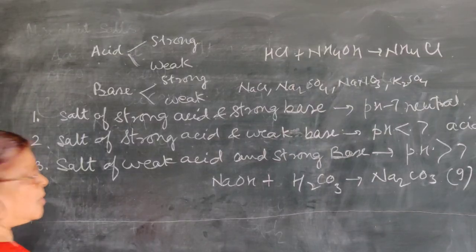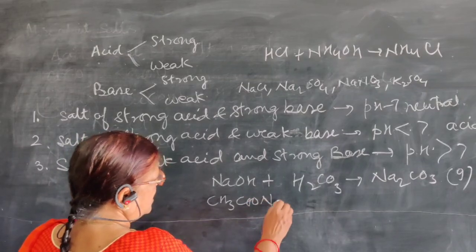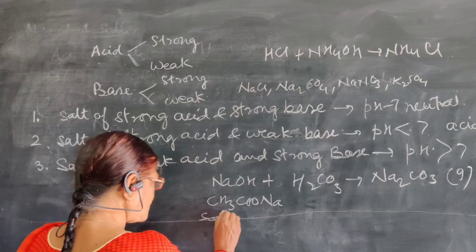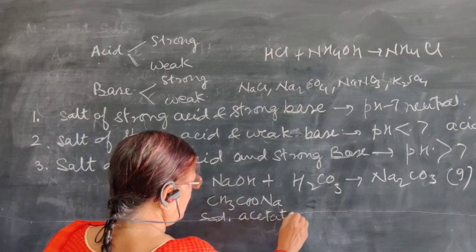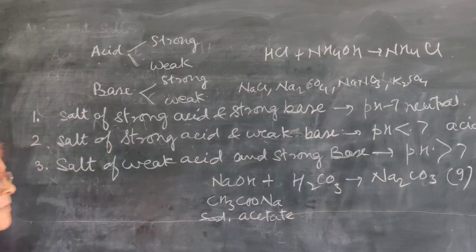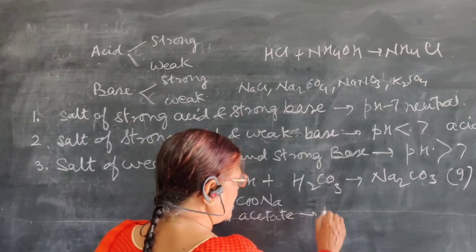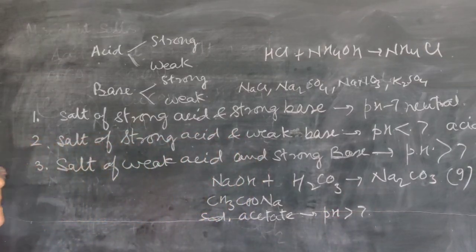The salt that is also given in your book is sodium acetate, the salt of acetic acid, which is a weak acid, so it will be basic in nature, or the pH will be greater than 7. So this is all about the classification of the salts.